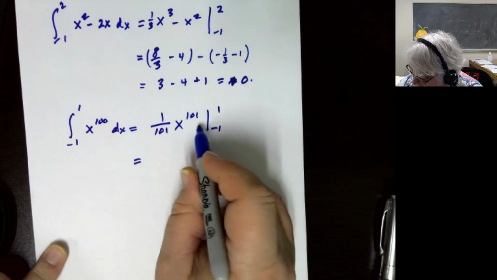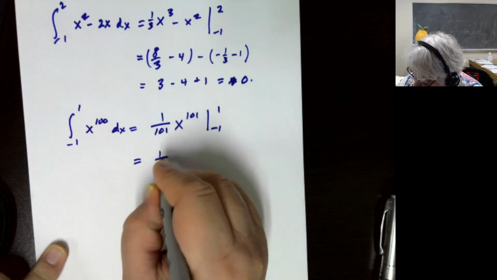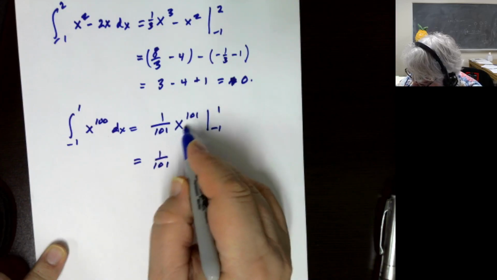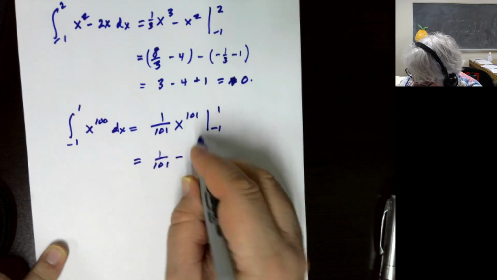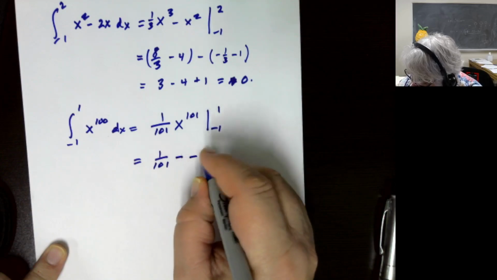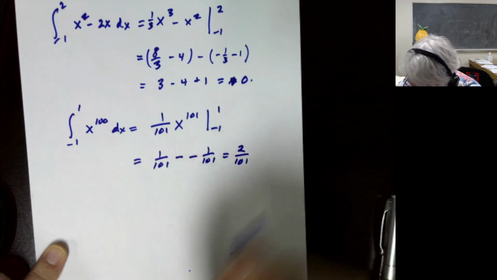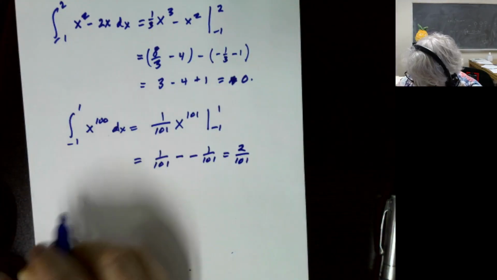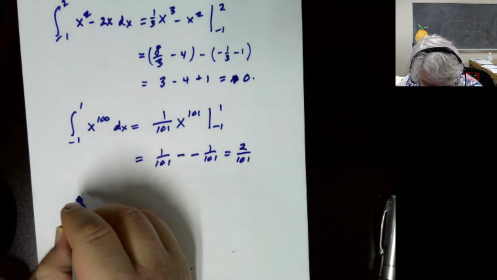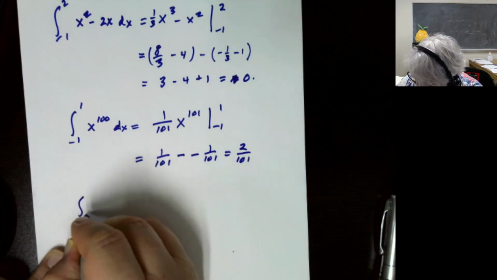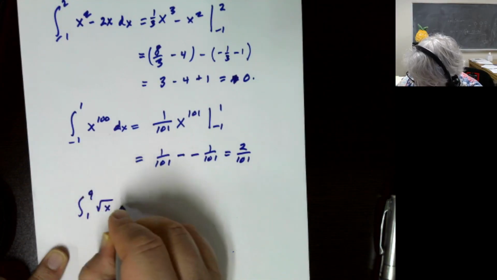Let's see, this is an odd power, right? So that's going to be 1 over 101 when I plug in a 1, minus, and then it's going to be a minus 1 over 101, which is 2 over 101. Good.